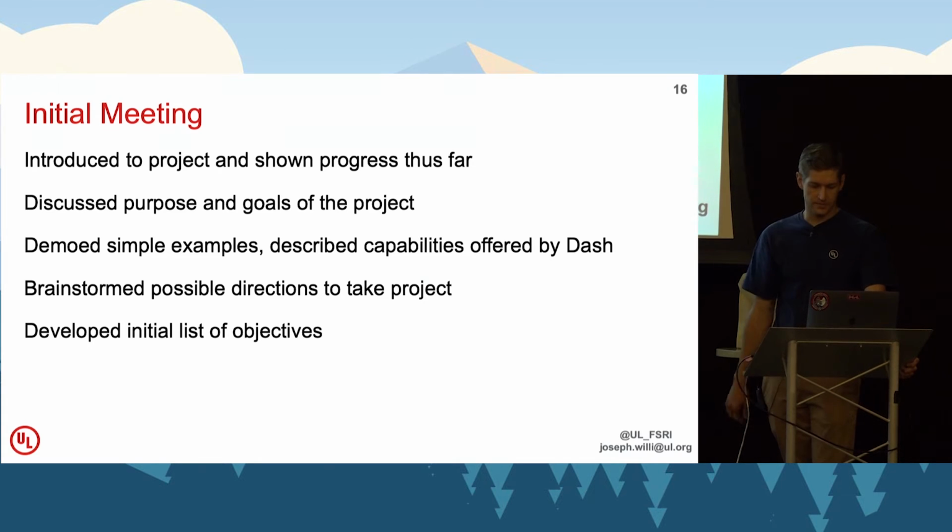So after I created those couple examples, I met with Kelly, and he introduced me to the project and showed me the progress so far. And then we kind of discussed where we wanted the project to go, what the goals and purpose of the project were. I demoed those examples for him and kind of described different capabilities offered by Dash, and we brainstormed what the next direction or the next things we wanted to implement, and we developed a list of initial objectives.